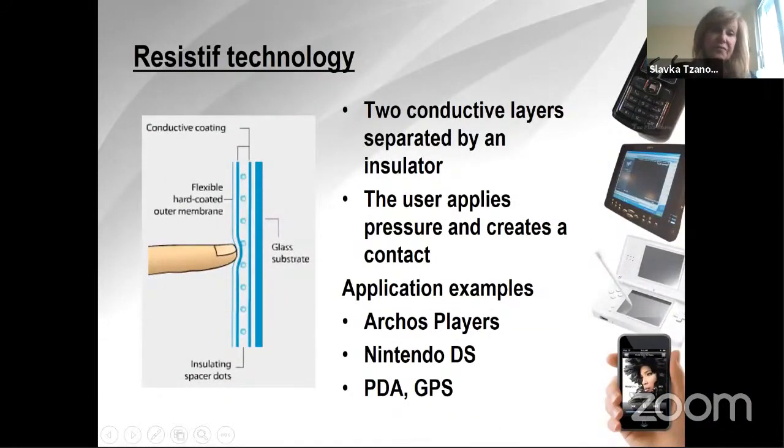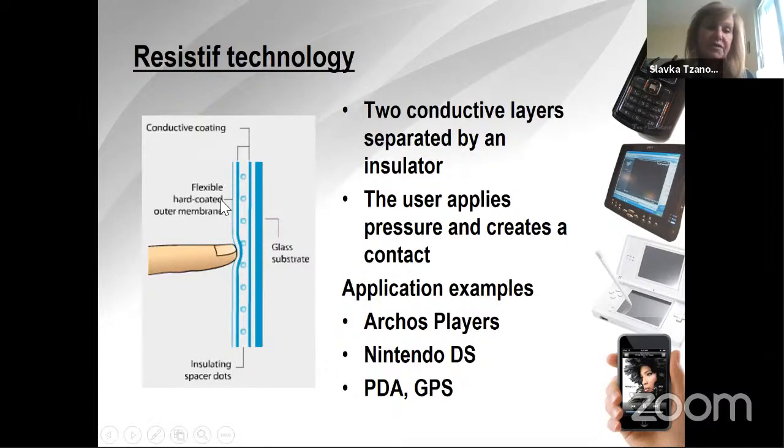The resistive principle: in this case, we have two conductive layers separated by an insulator, with insulating spacer dots, and the two conductive layers on both sides.